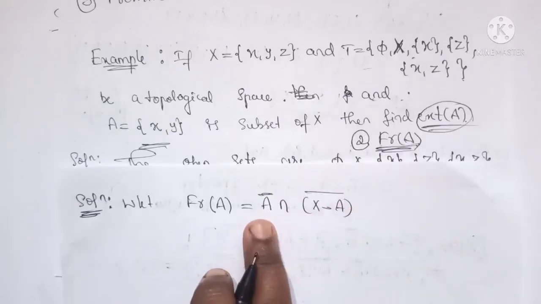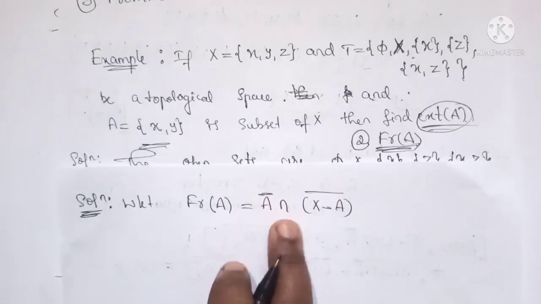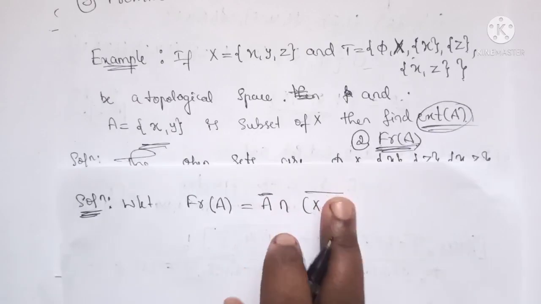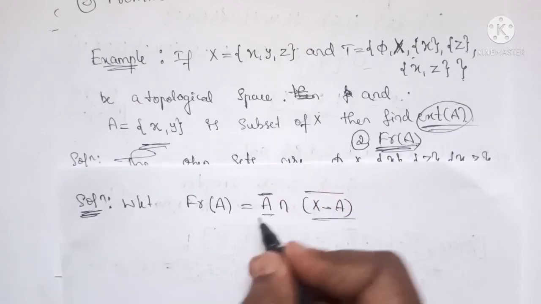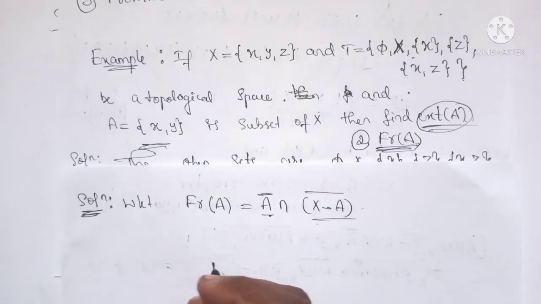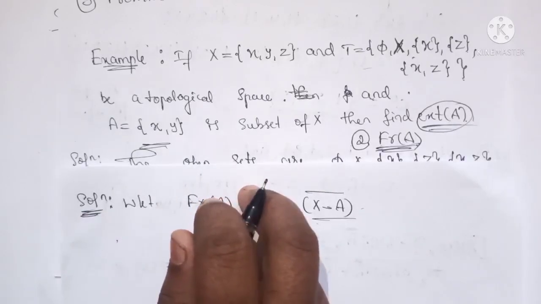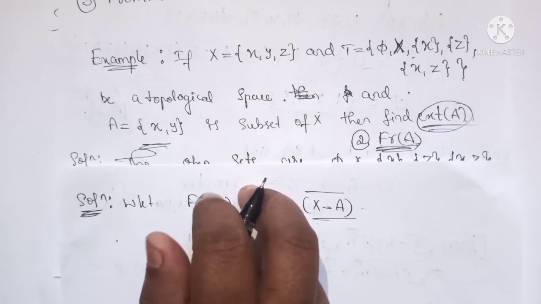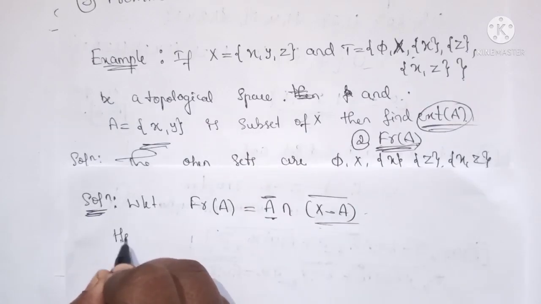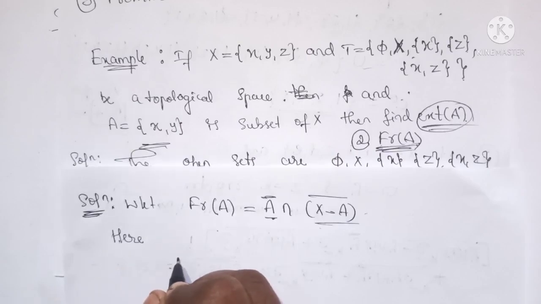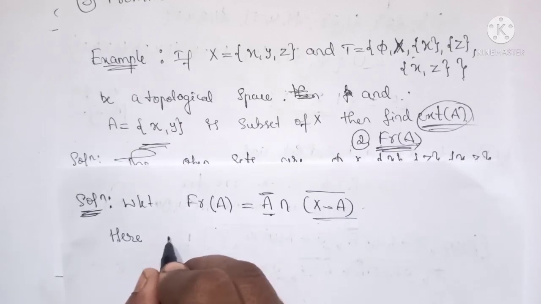So first we need to find A closure, then (X minus A) closure. First we find A closure. For that we need all the closed sets, but for interior we need open sets. So first we write the closed sets.